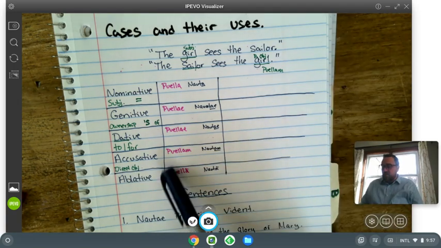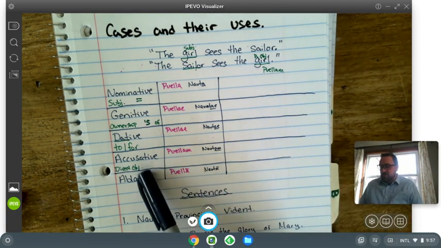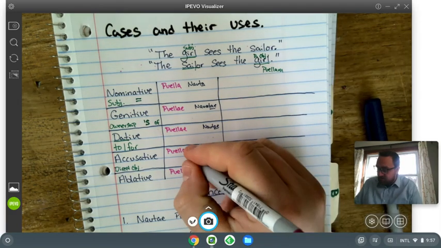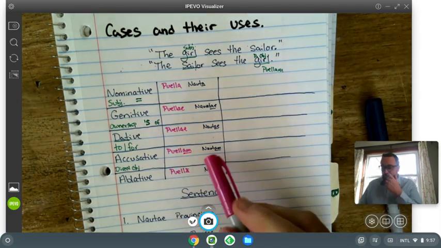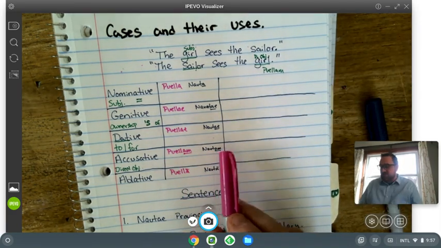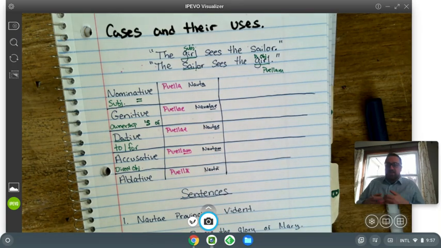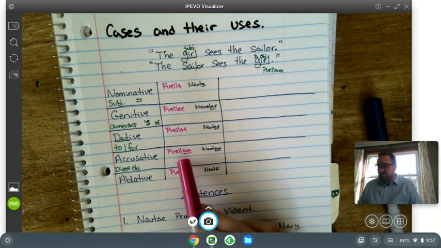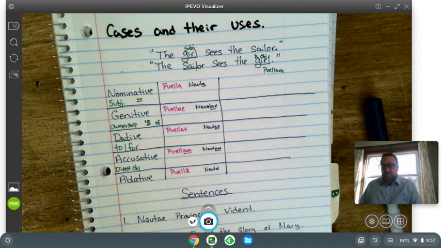So it's for whenever we verb the sailor, or verb a girl. So if we see a girl, we're going to use the word puellam. If we see a sailor, we're going to use the word nautam. If I have a sailor or have a girl, then I'm going to use puellam and nautam.